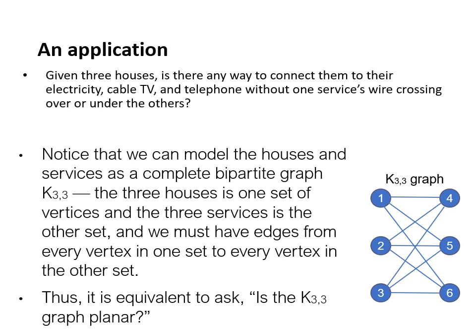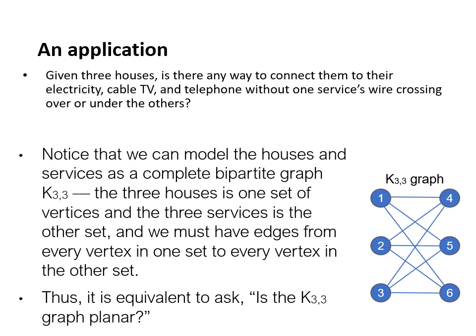So what's an application of such graphs? Let's say we have 3 houses, and the question is: is there any way to connect them to their electricity cable, TV, and telephone without one service's wire crossing over or under the others? So we can model this as a K_3,3 graph that is shown here on the right. And that's a complete bipartite graph.